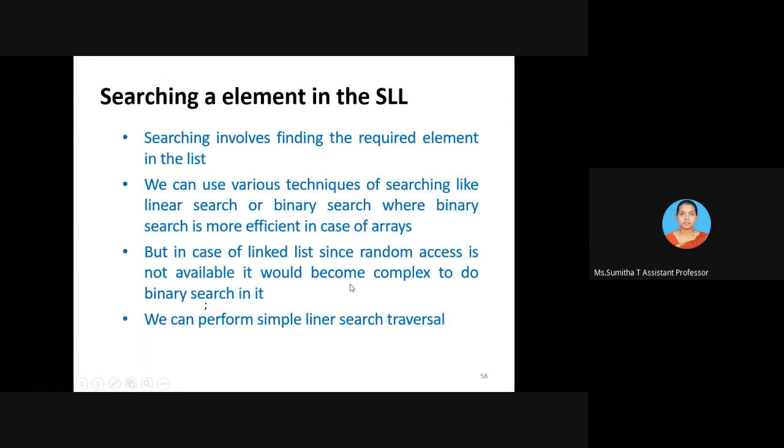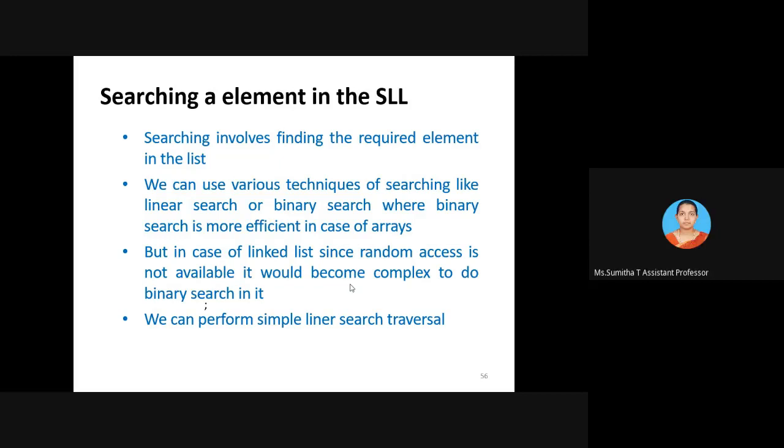So the next one is searching an element in the singly linked list. How can we search? In the previous class also, somebody said what are the ways we can search. Binary search. Yes, binary search. Another one, linear search.